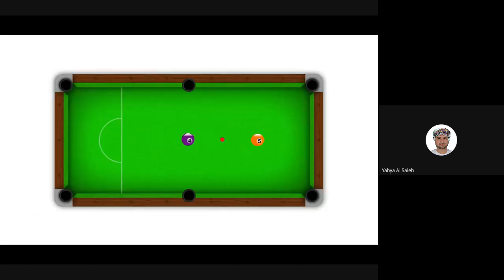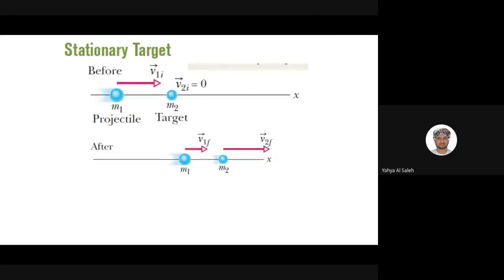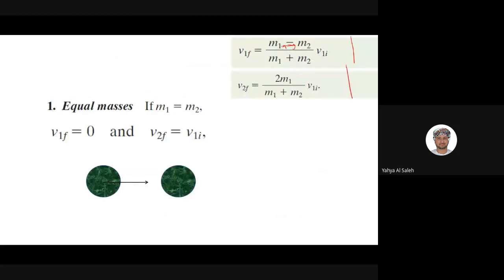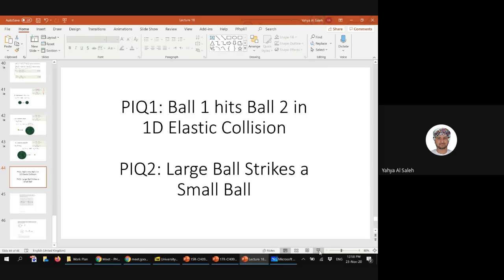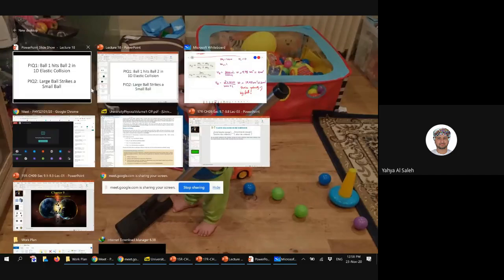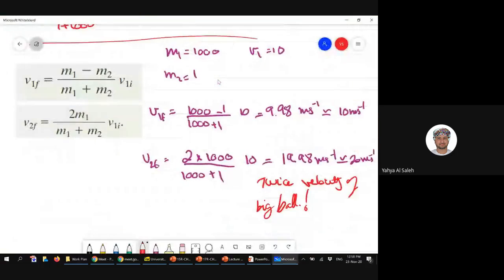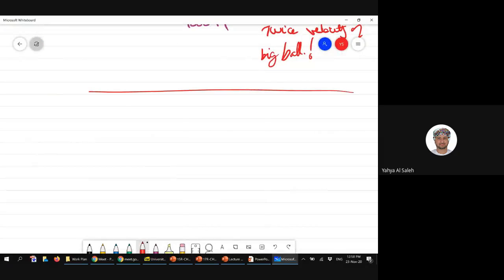Okay, so if we do it, where's the whiteboard? Pi equals Pf.